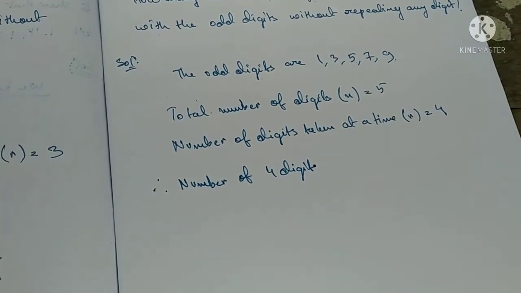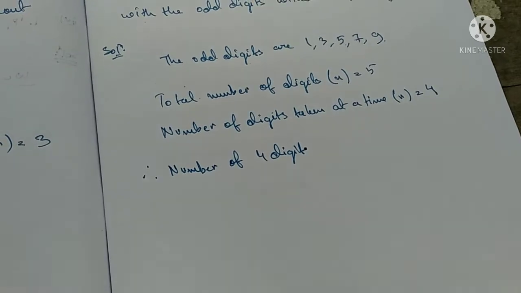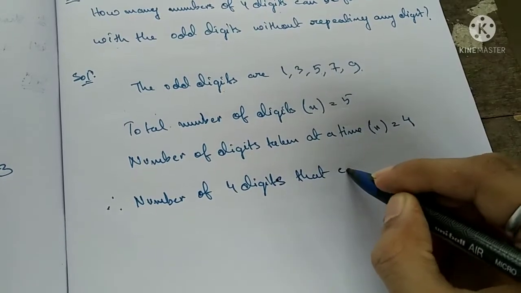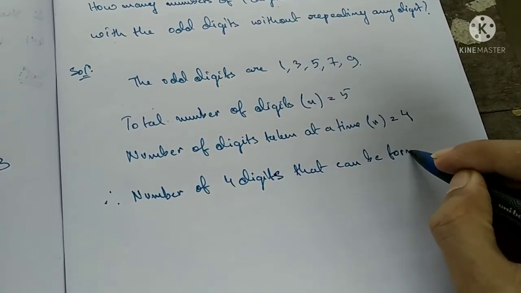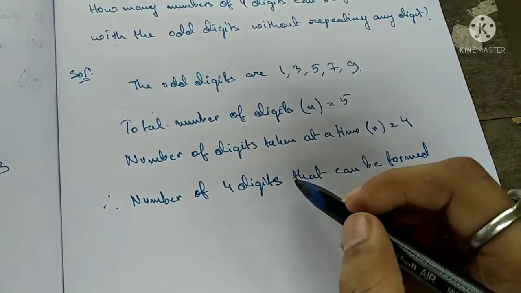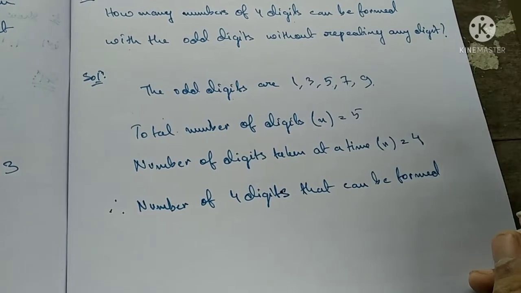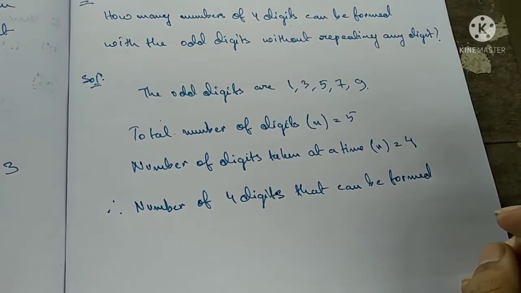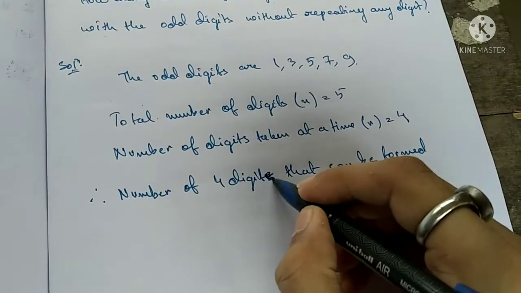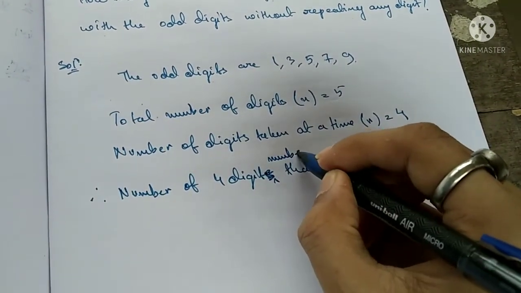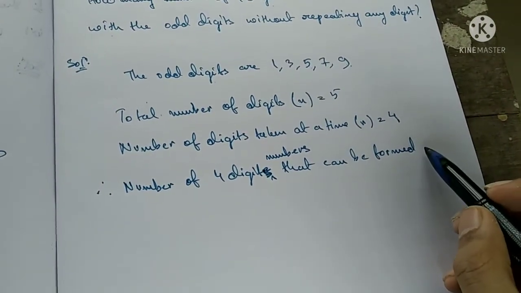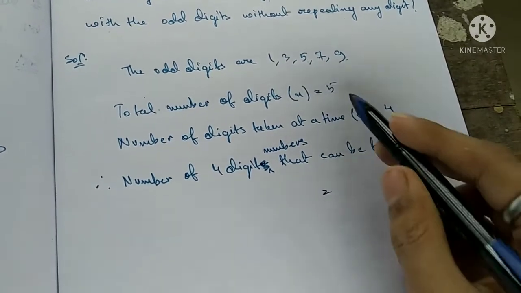Actually, this is the number of 4-digit numbers. Understand? Number of 4-digit numbers that can be formed, it will be equal to what?